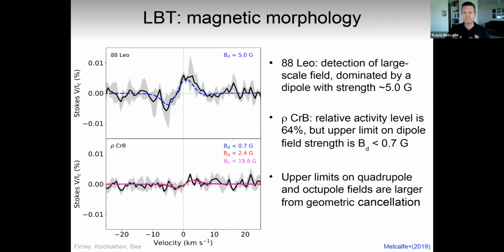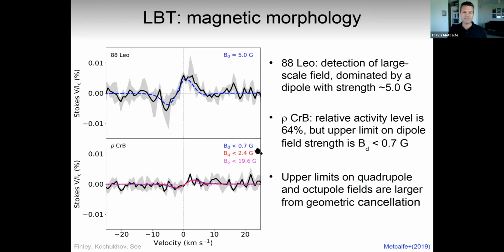So if you just scaled down that 5 Gauss dipole field, you would expect to detect in Rho CrB a 3.2 Gauss dipole field, if nothing else changed, for example the geometry. In fact, we set an upper limit on the dipole field of 0.7 Gauss.